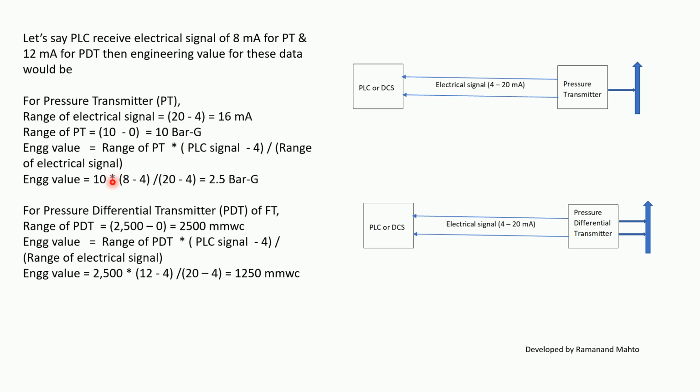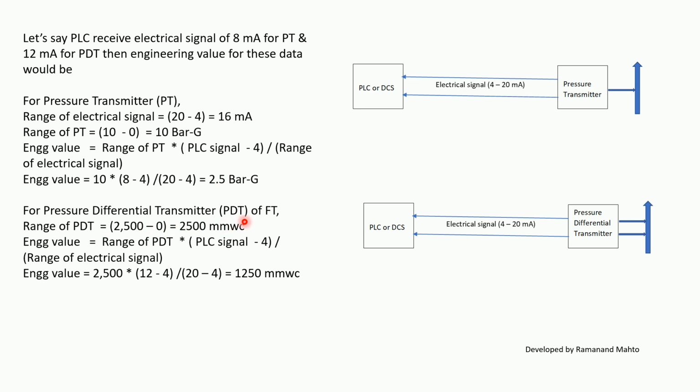Since the range of this PT is 10, it is 10 into 8 minus 4, upon 20 minus 4. On calculation it comes to 2.5 bar. So if the PLC receives 8 milliamperes, it means the pressure in the pipeline is 2.5 bar.